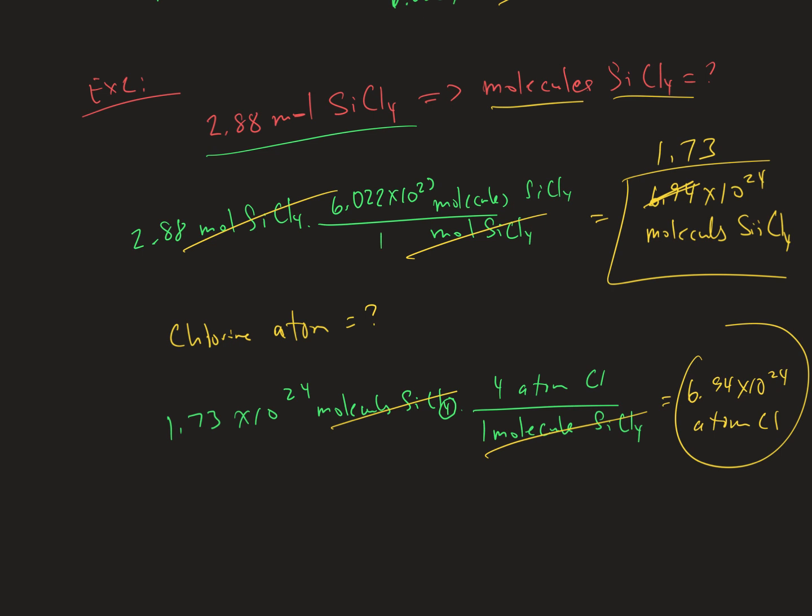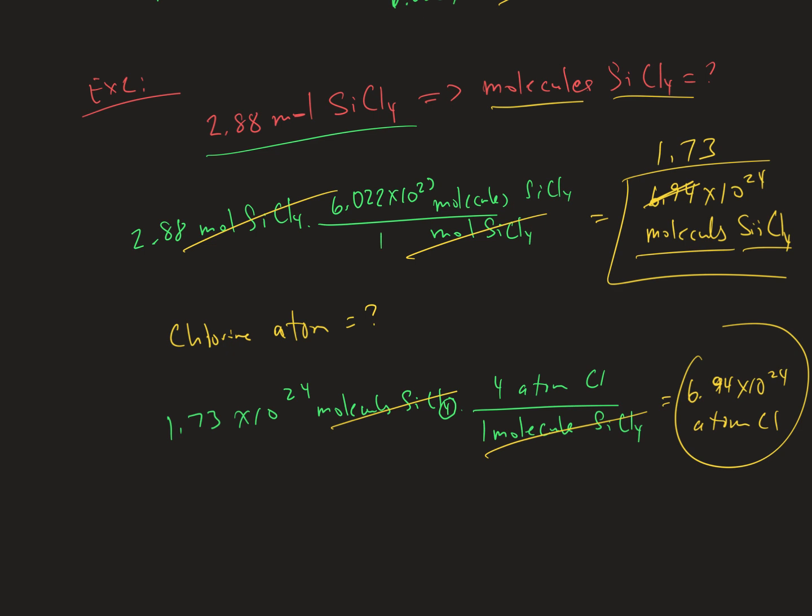Type it in your calculator. Make sure you know you can do this. Yeah, Lucas, if we were asking for atoms of silicon, that would be equivalent to the first number, the 1.73 times 10 to the 24, because it's a 1-to-1 ratio. So that's molecules of silicon tetrachloride, the same as atoms of silicon.